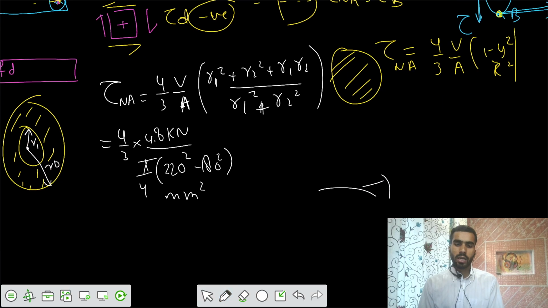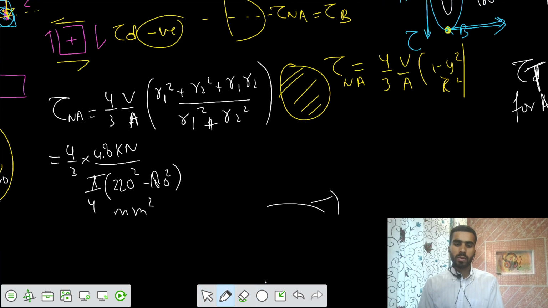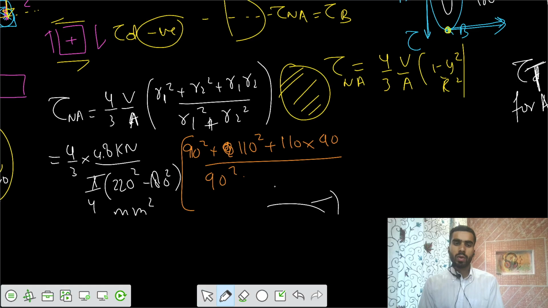Then the values of r1 and r2: 90 square plus 110 square plus 110 into 90, divided by 90 square plus 110 square. So you have this equation.